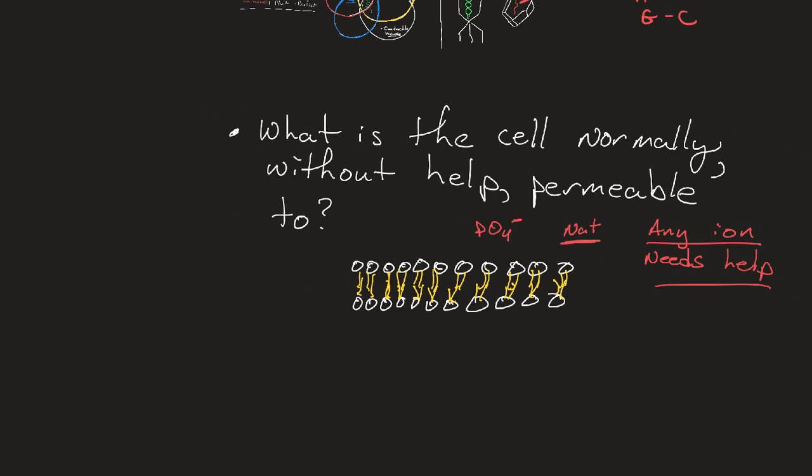At this point, you should know that water passes through somewhat, a little permeable to water, because water's so small. Some of it gets through, very, very little, but it does go in and out of the cell membrane.